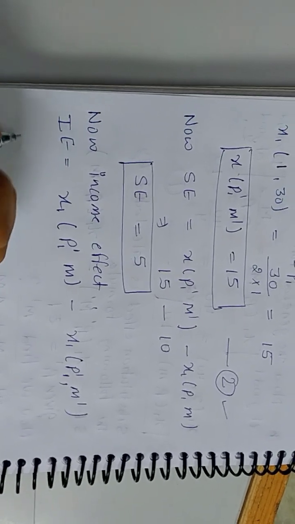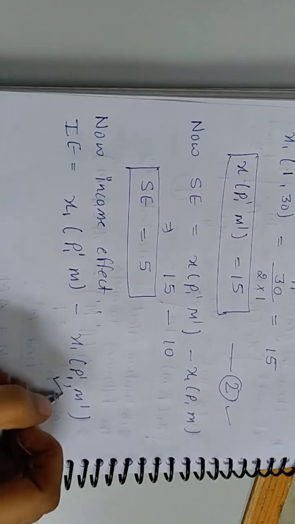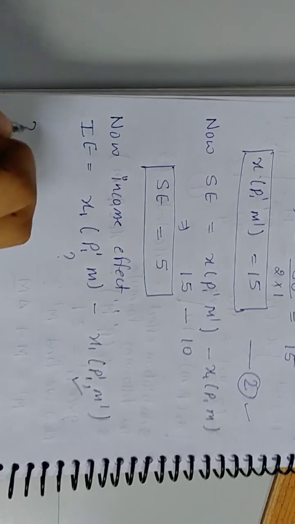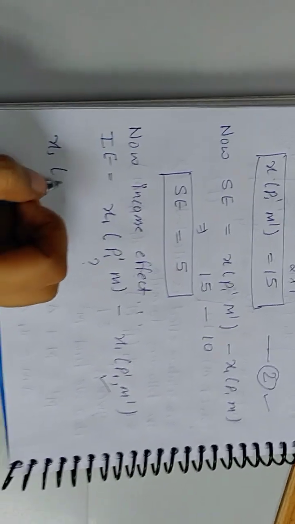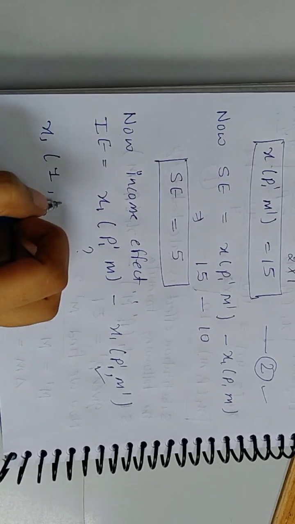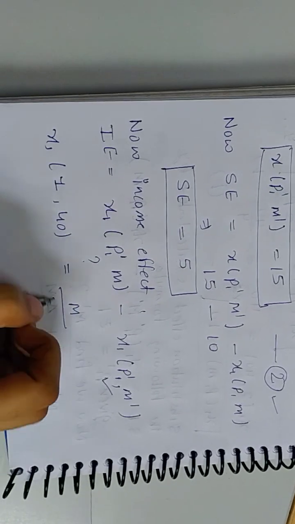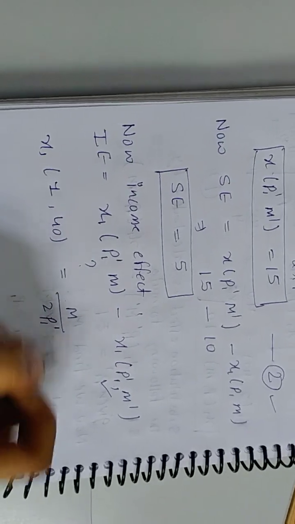Now we know one term, and we have to find the other. So x1 with new price 1 and old income 40 would be m upon 2p1 dash.